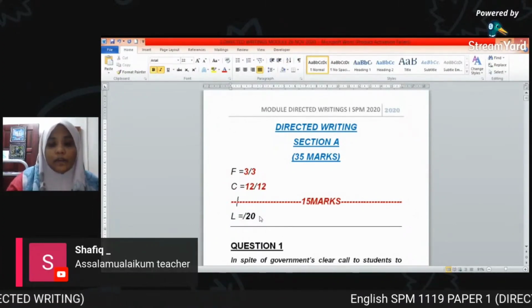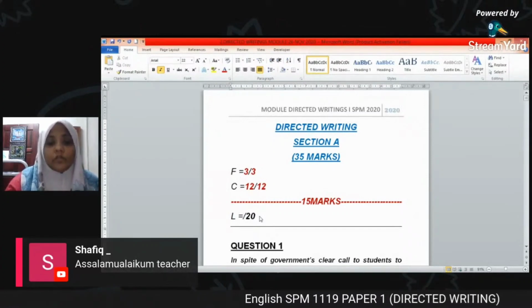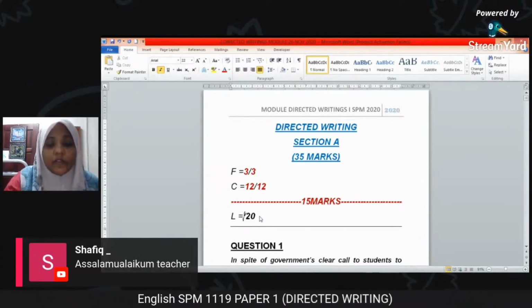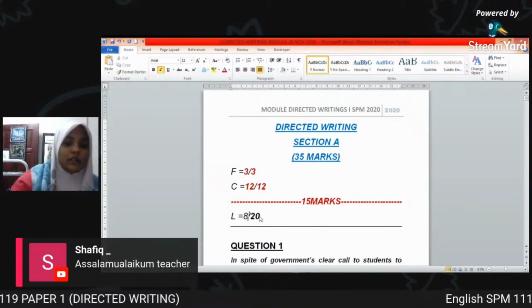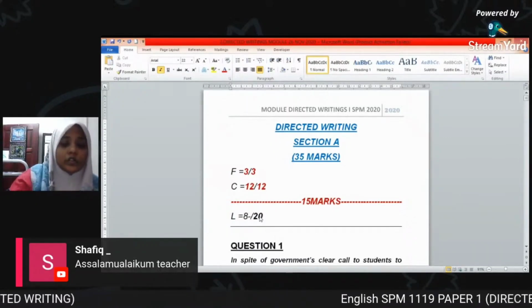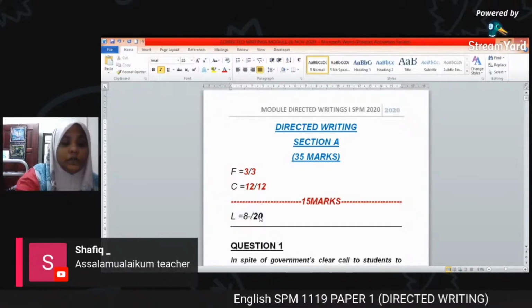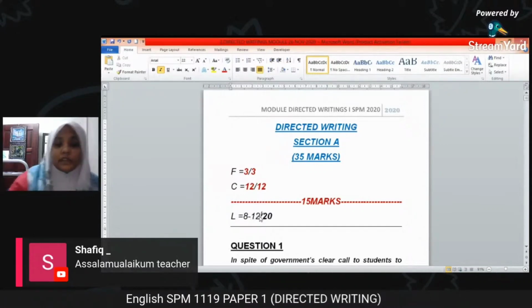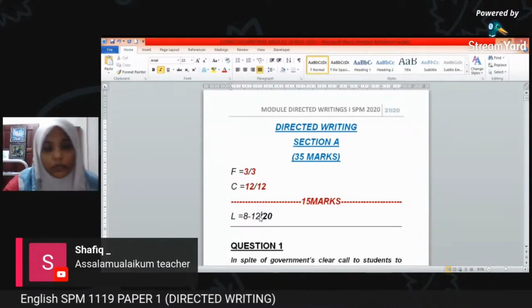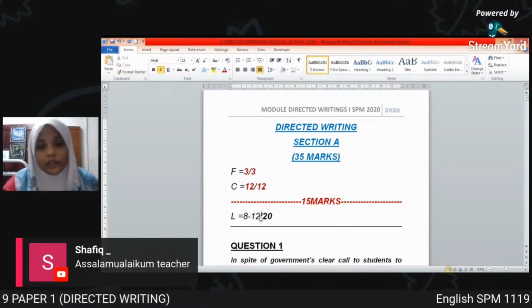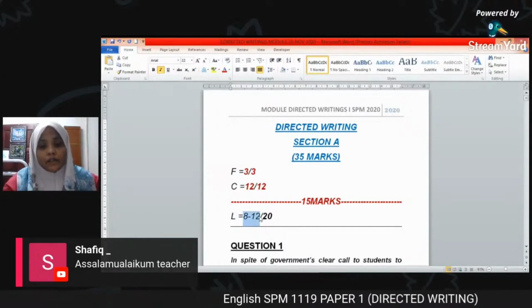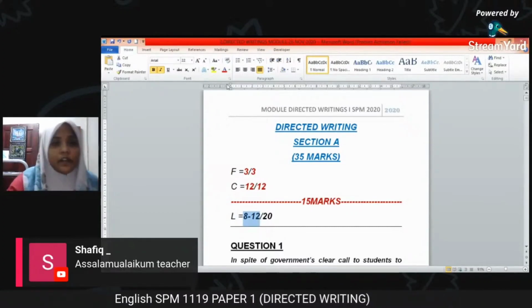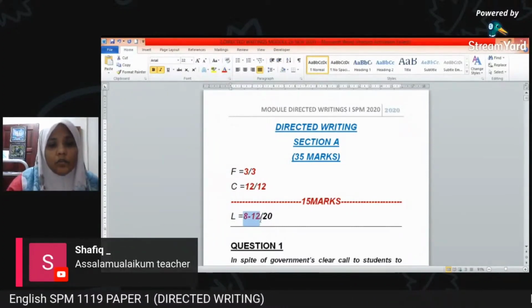Your language part, if possible, try to get at least 8, or a minimum of 12 marks. If you can get more than that, go ahead, no problem, most welcome. But try to get a minimum of 8 marks. More would be better.